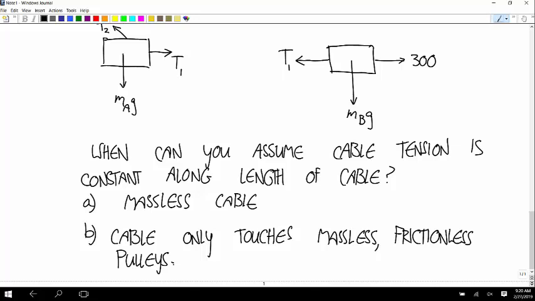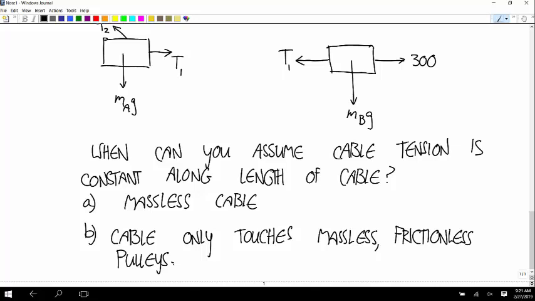So those are pretty big assumptions, impossible assumptions, except a lot of times cables are used to support forces that are much bigger than the masses of the cables, much bigger than the effects of mass on the pulleys. And pulleys are usually made with pretty low friction. So you can get pretty good results with this in a lot of cases.